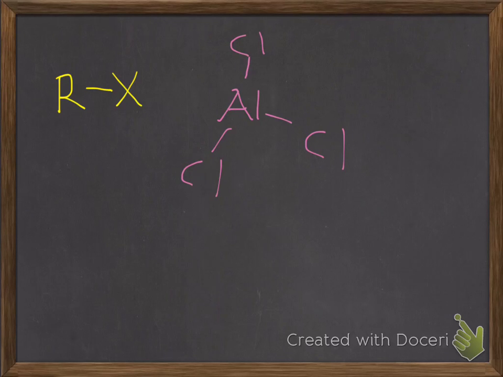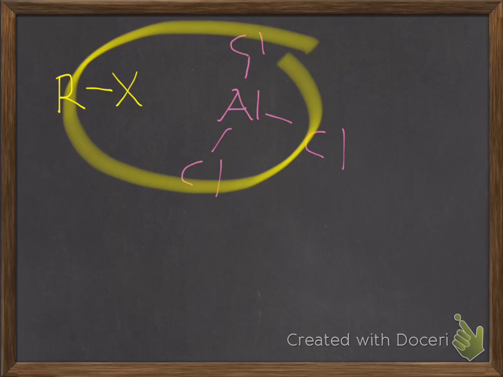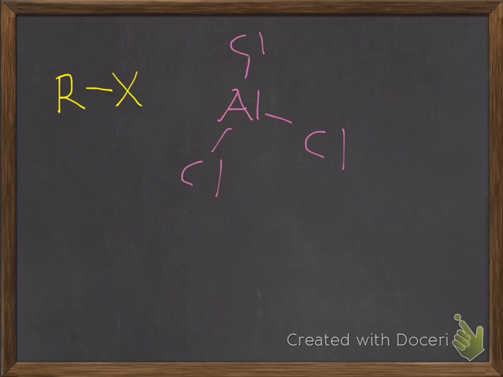What happens here is the X gets coordinated, briefly, transiently, to the catalyst, and so it looks and behaves like this.